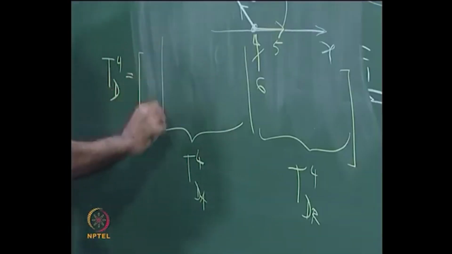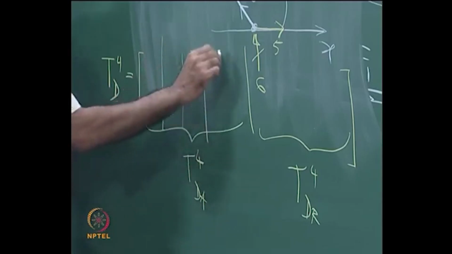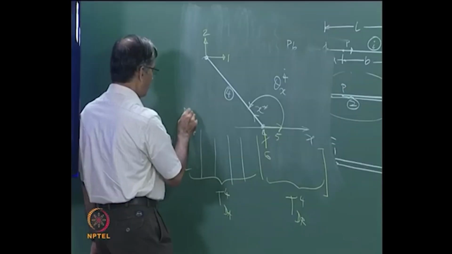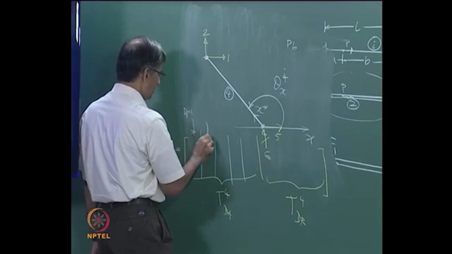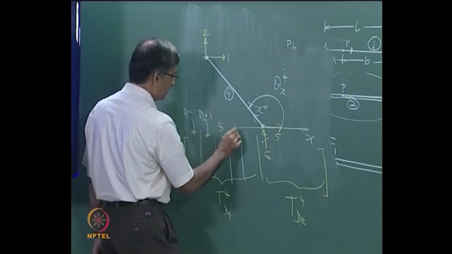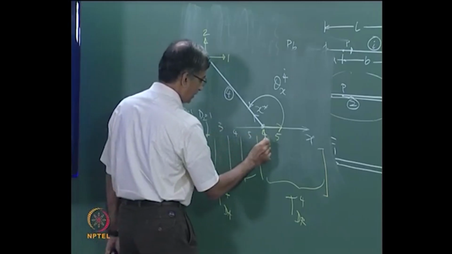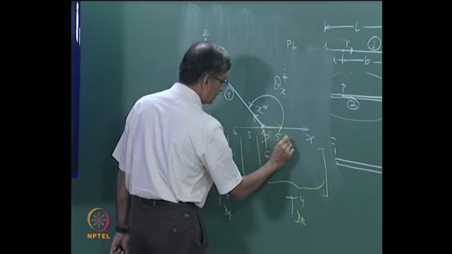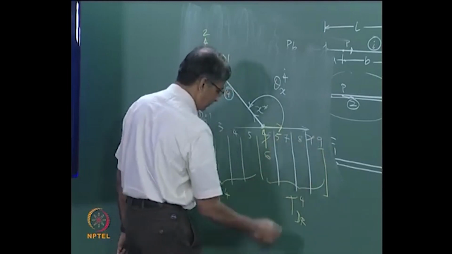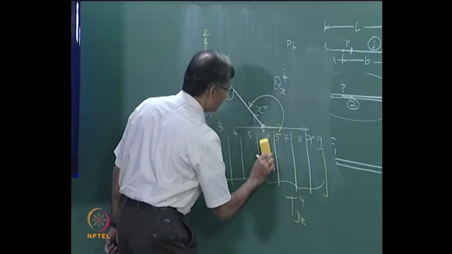So 1, 2, 3, 4, 5. Here I will fill up for D1, here D2, and so on. This is 3, this is 4, this is 5, this is 6, this is 7, this is 8, this is 9, right? Okay, if I may remove this.